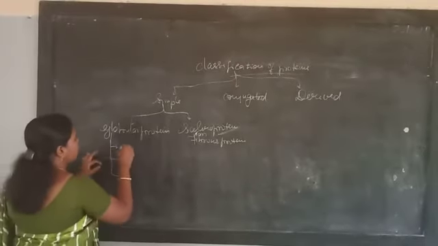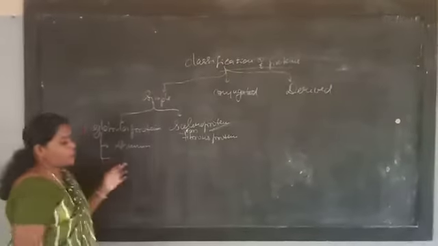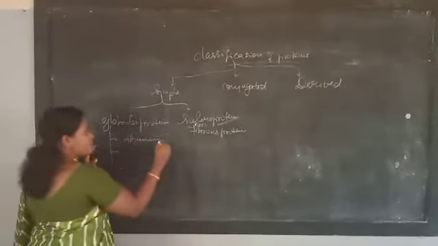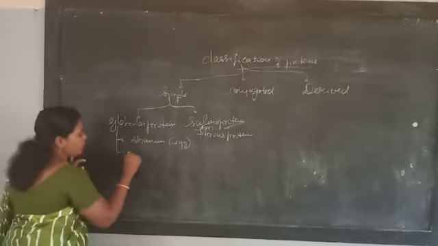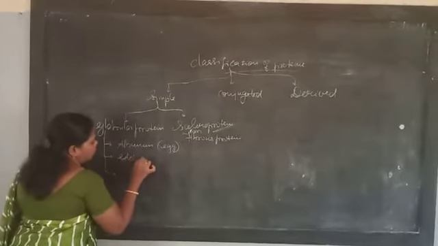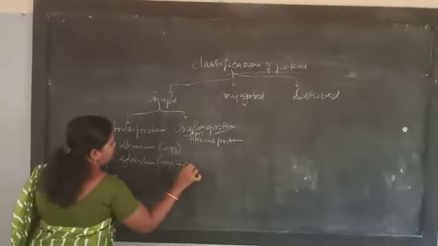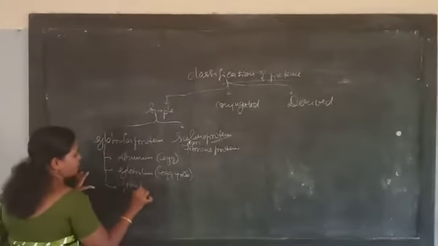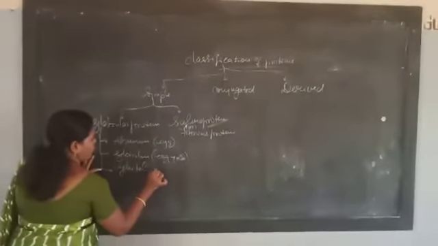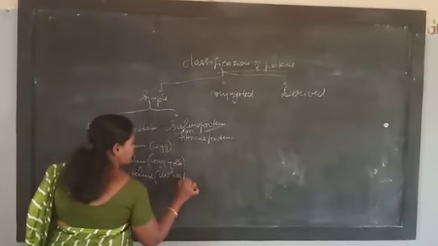The first one is albumin, which is present in egg. Then globulin, which is present in egg yolk. Then glutenins, found in wheat and rice.